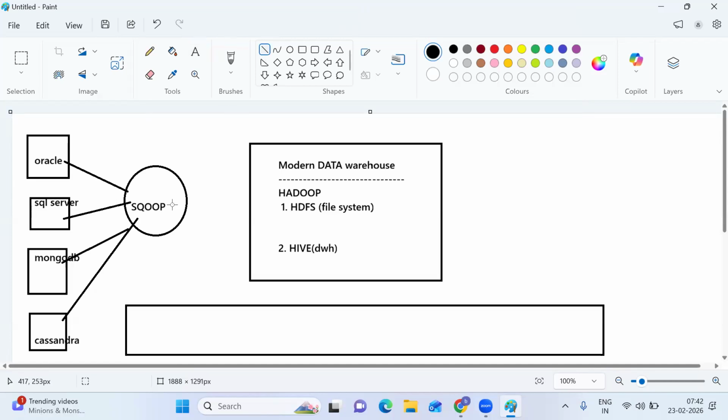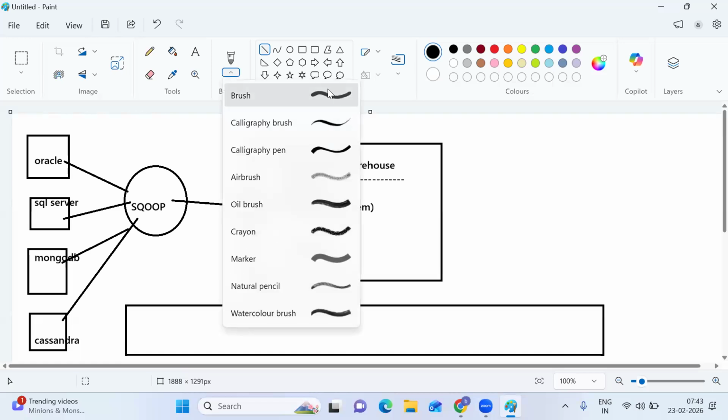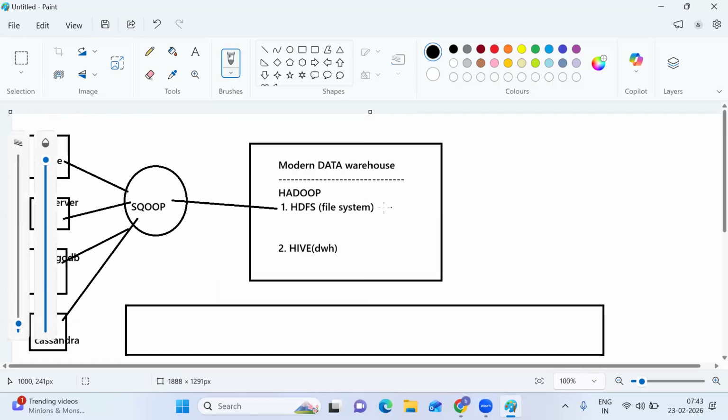Up to now, this is called extraction and loading into HDFS. After that, you process with Spark. Let's see.